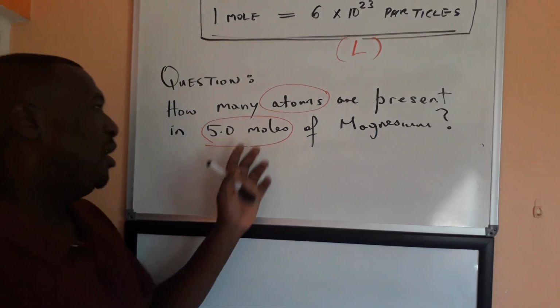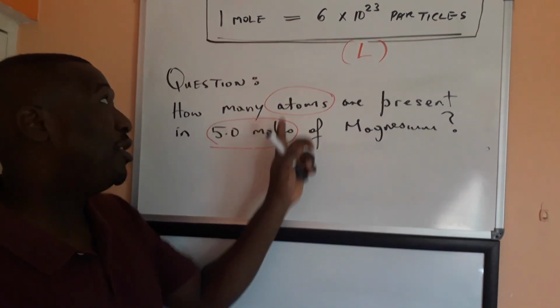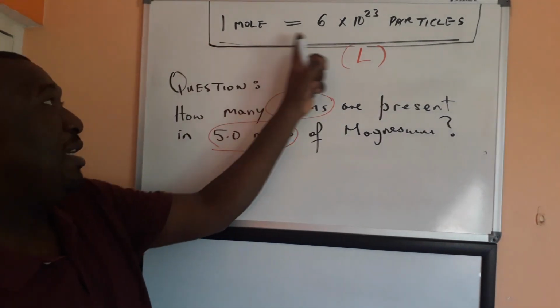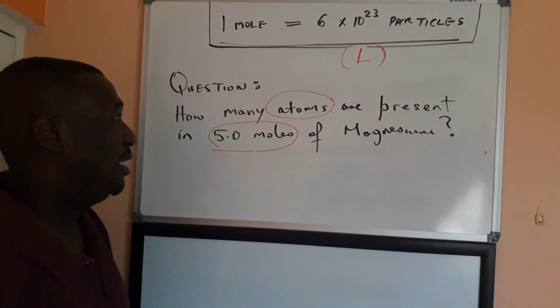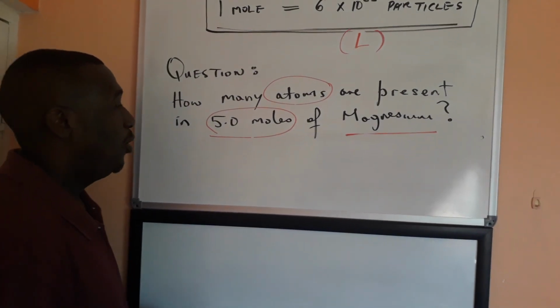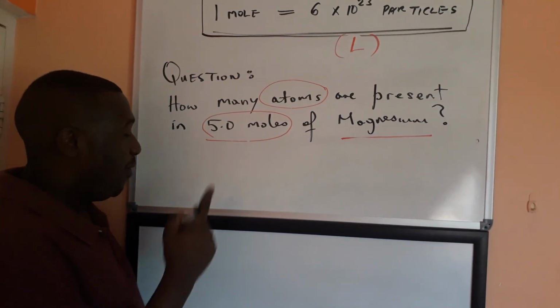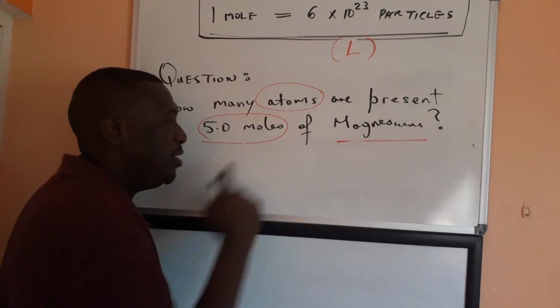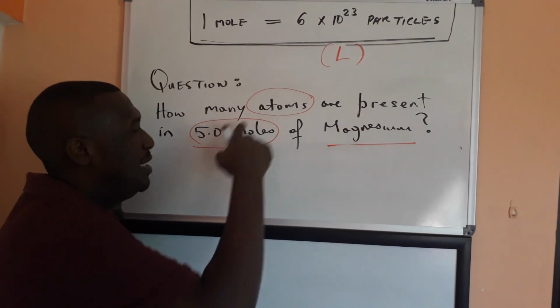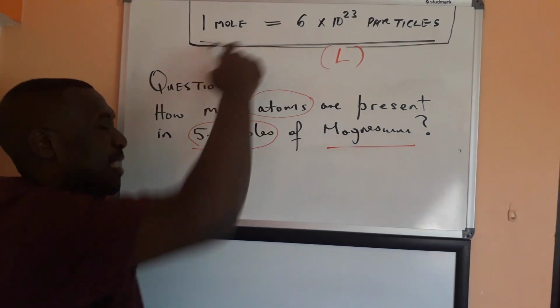Now, where do you get that relationship from? That relationship is in the definition of the mole. It says 1 mole is 6 times 10 to the 23 particles. Now, magnesium there, that's a metal. So right away, the first thing that we're going to write down is the relationship between particles and moles. That's established there.